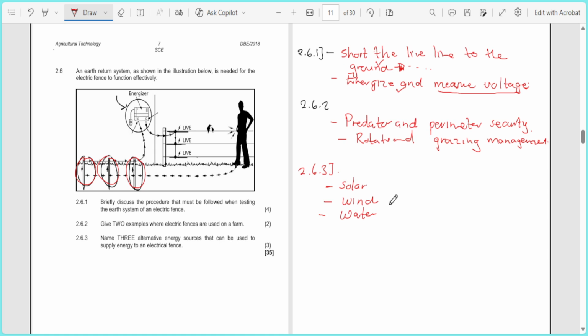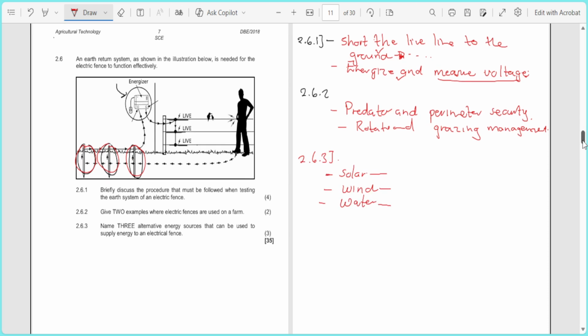This is appropriate for such cases. So another option would be water. A turbine that is operated by wind can also be used. Solar requires the sun. So these are the three options that I can think of right now.